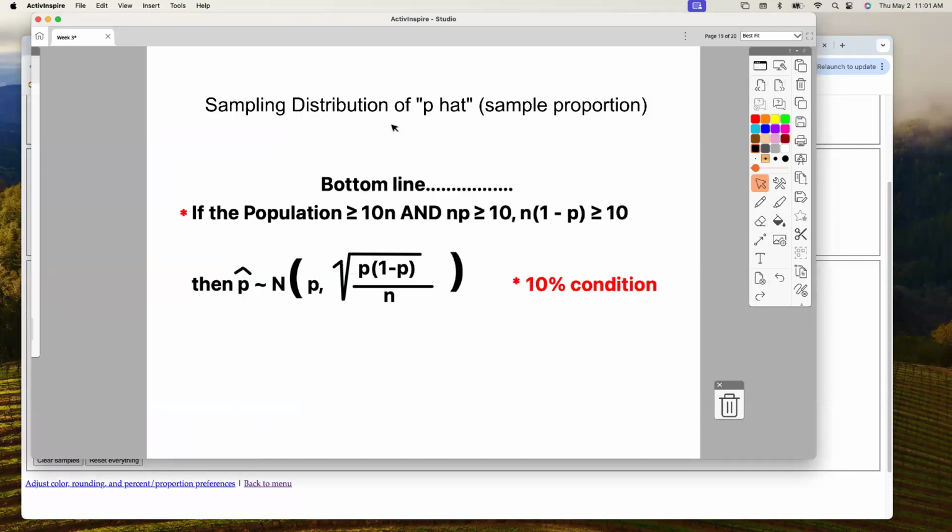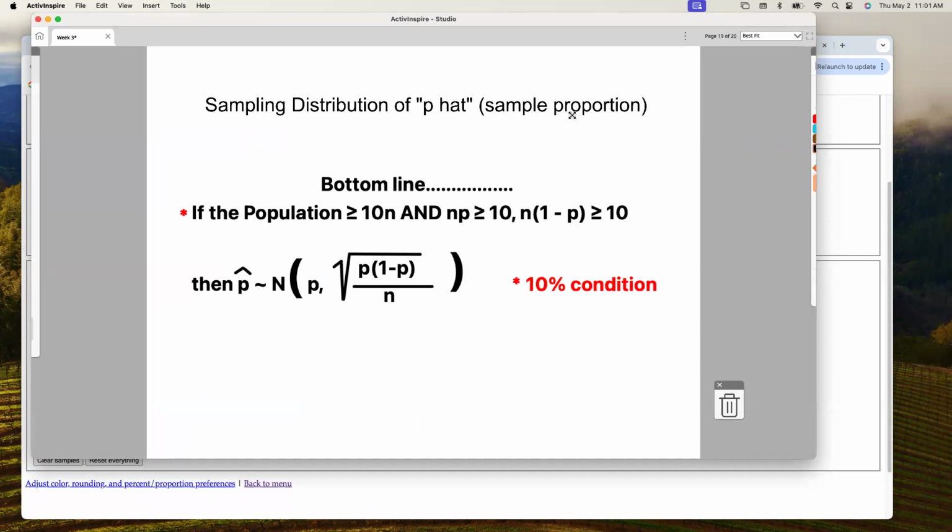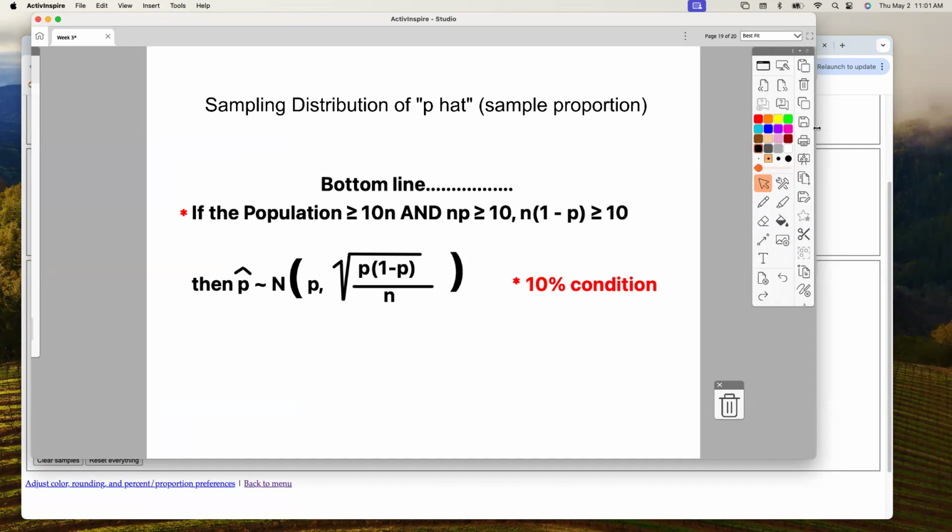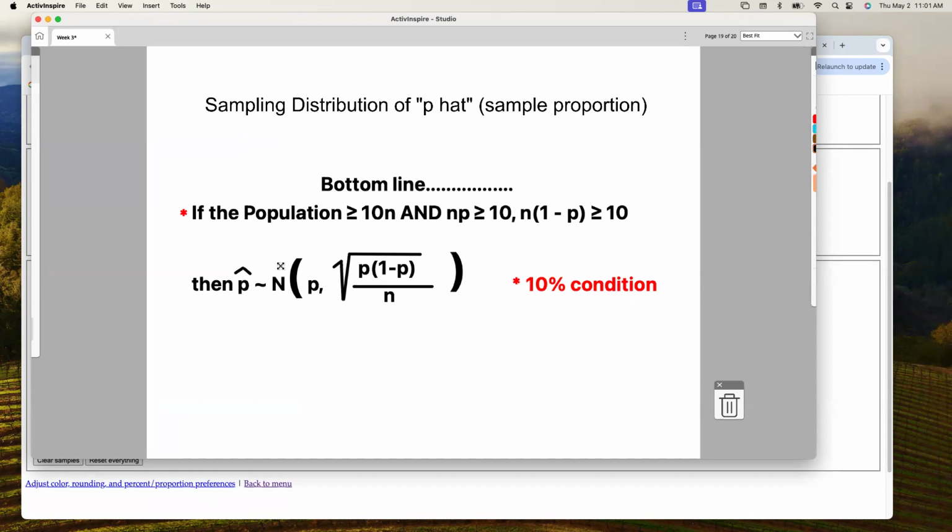But we also want the sampling distribution of p hat, or a sample proportion. I'm just going to give you the formula here. We could do an activity similar to what we did on the other one, but it's not in StatKey, so I'm just going to give you the end result.